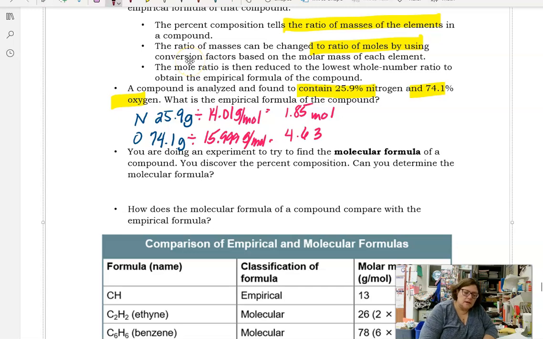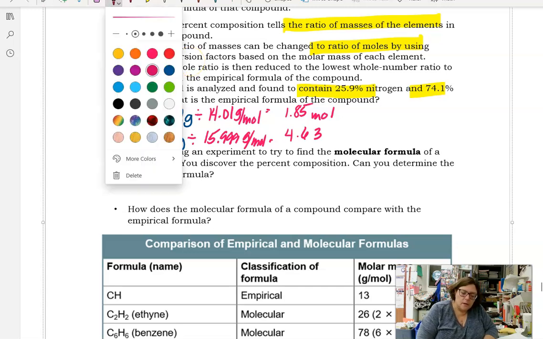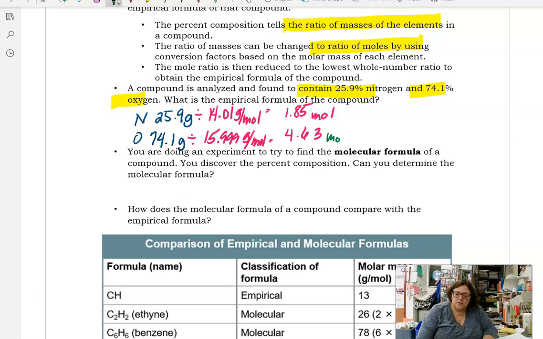Okay, so the next line in the poem is divide by small. So we're going to divide by the smaller of these two, which is 1.85. If I divide 1.85 by 1.85, I get 1, right?